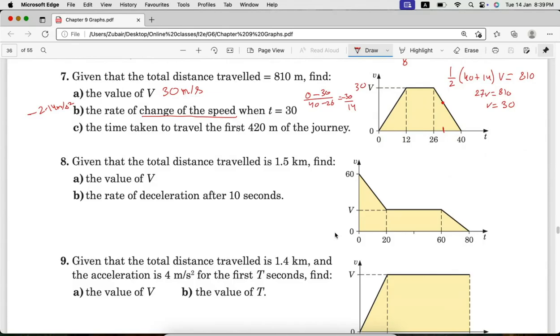So 6 seconds. I'm getting 20. I got 26. I don't understand this part, C part.